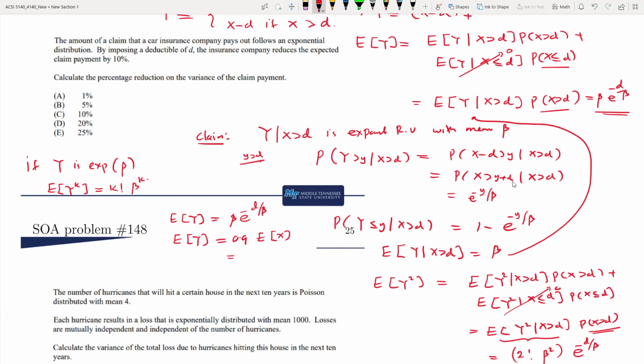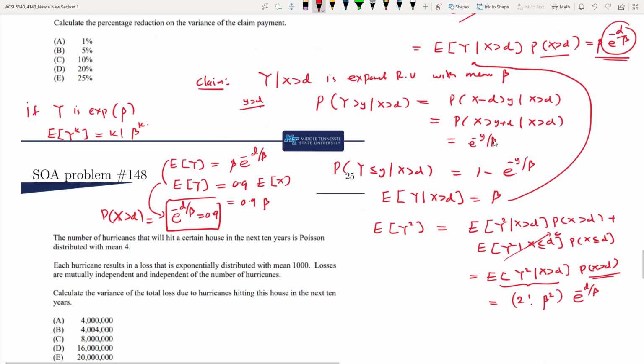Expected value of x is beta because x is exponential with parameter beta. So this shows us that e to the power negative d over beta equals 0.9, or basically probability x more than d equals 0.9. The reason I am using that is I want to apply 0.9 instead of this notation.